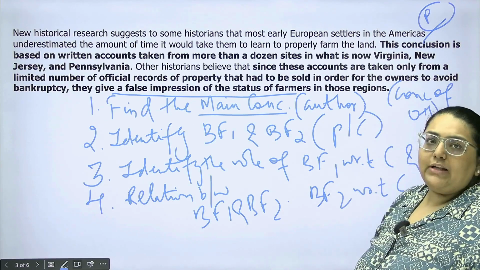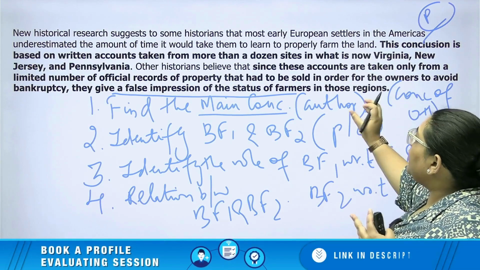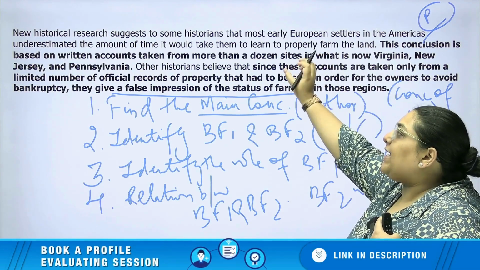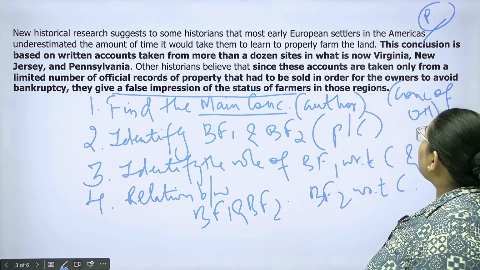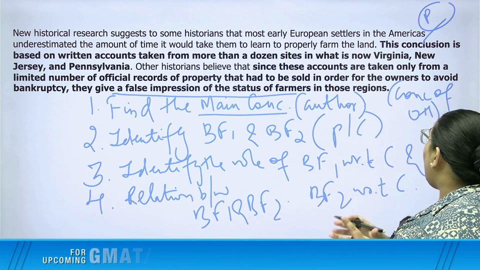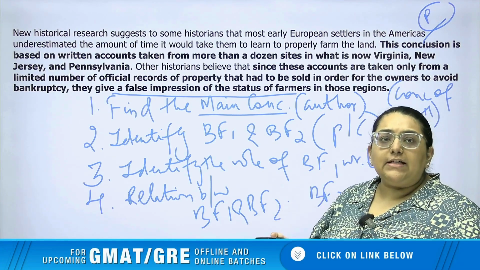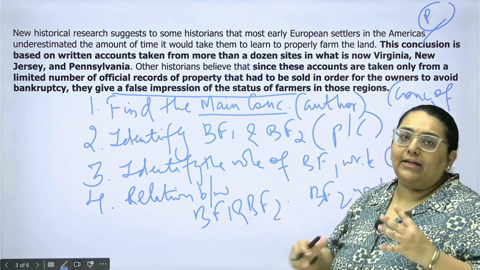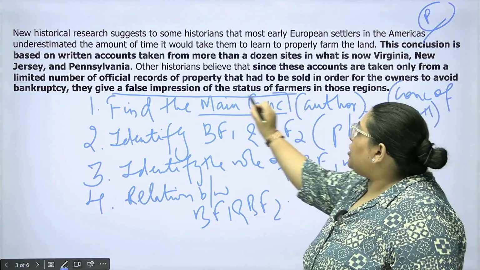So, we know that the first portion in bold is the conclusion of the historians that relied on the new historical research, and the second portion in bold is the premise and the conclusion of the other historians. Okay. Now, with this in mind, we will have a look at the options. As we can see here, there is no main conclusion.